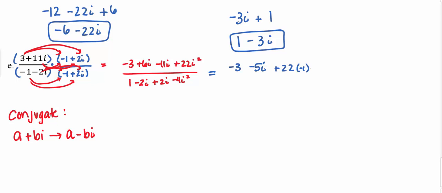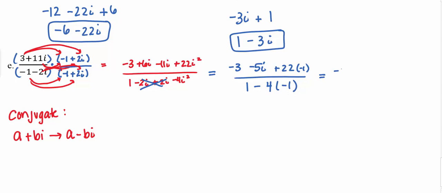But remember that i squared is negative 1. An important thing that happens on the bottom is that the negative 2 and the positive 2 cancel out. And that's going to happen every time. That's why we're doing this, because now my i squared is negative 1. I no longer have those imaginary numbers.